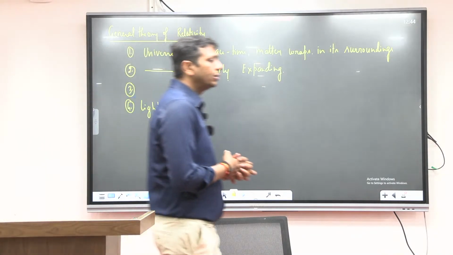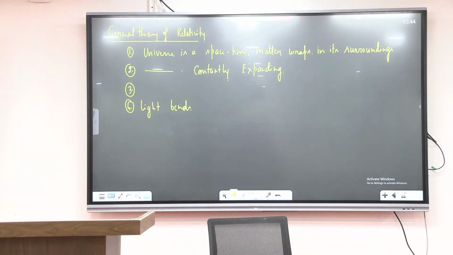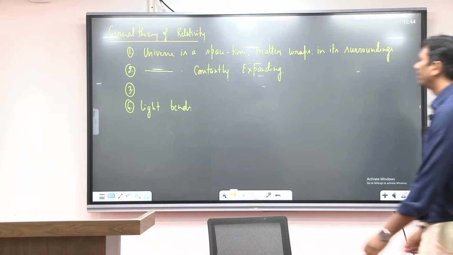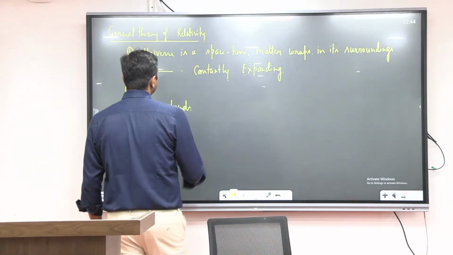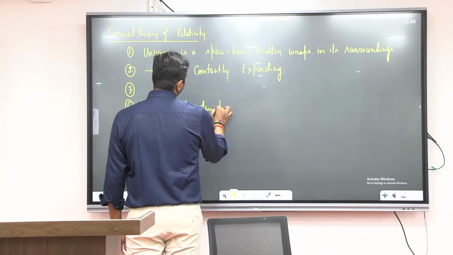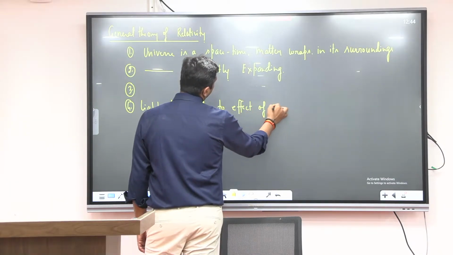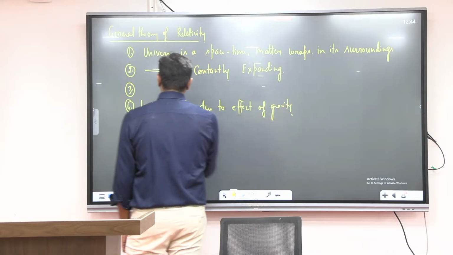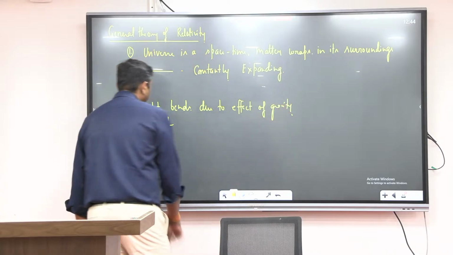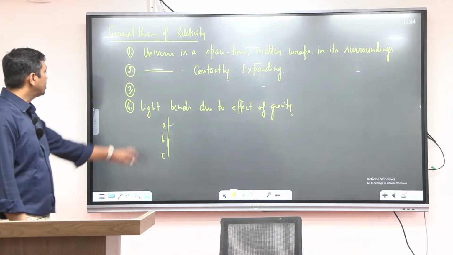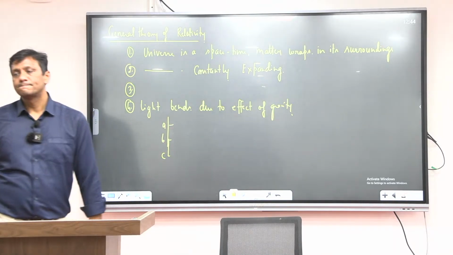In the case of light bending due to the effect of gravity, there are many phenomena: A, B, C. Because of this reason, many phenomena happen in nature. What? A, right?